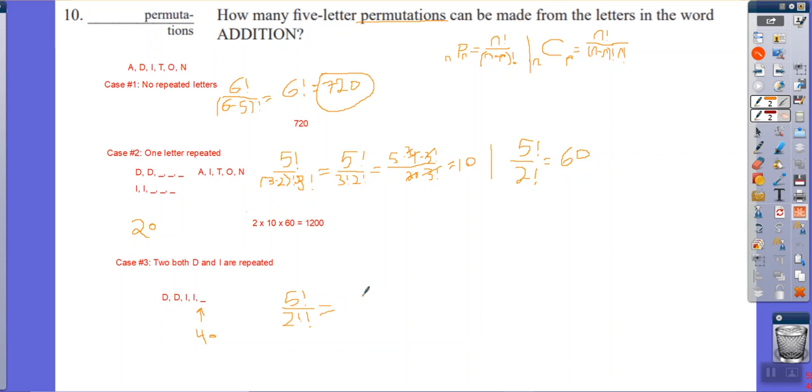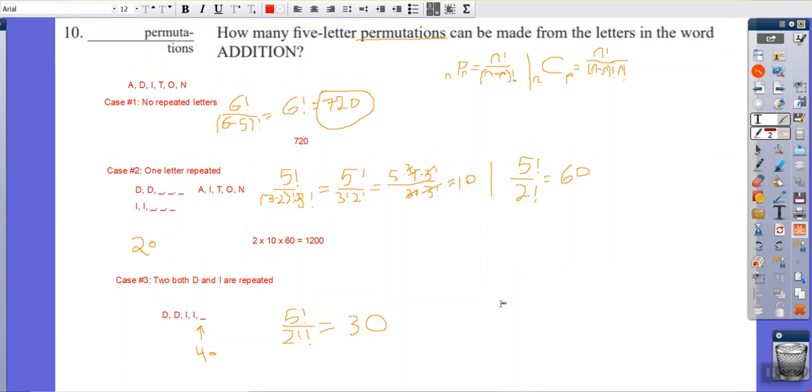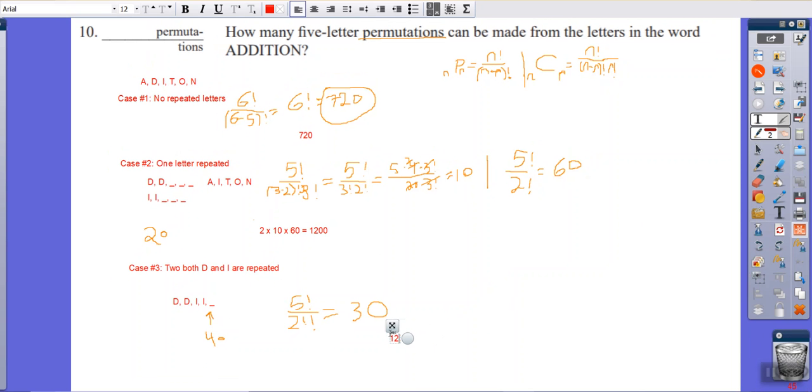And so we just get half of this, right? I hope. All right, so we get 30. And so, since we have 4 different letter options and 30 ways to scramble things, we get 4 times 30, which is 120.